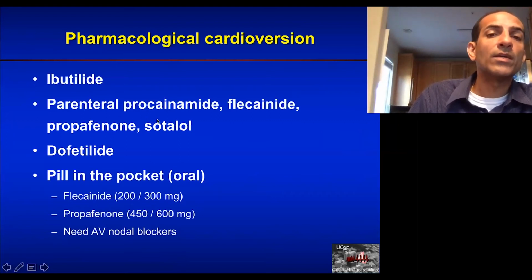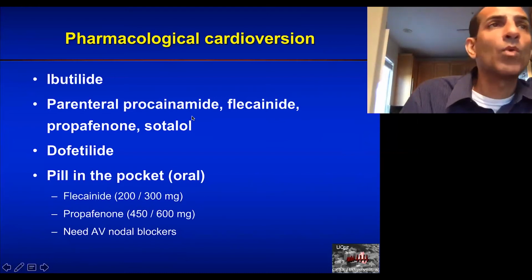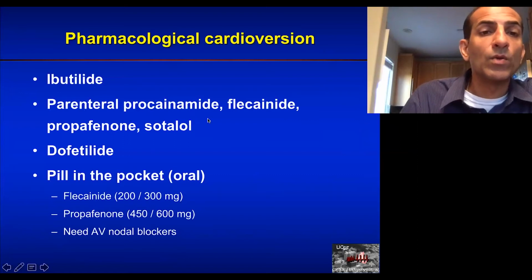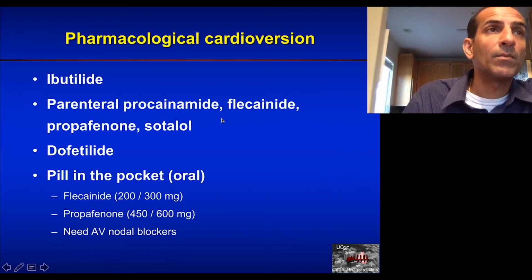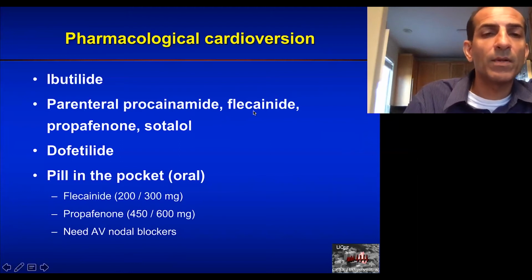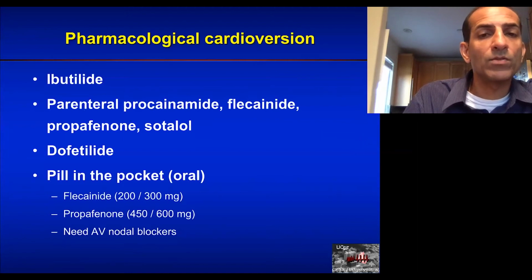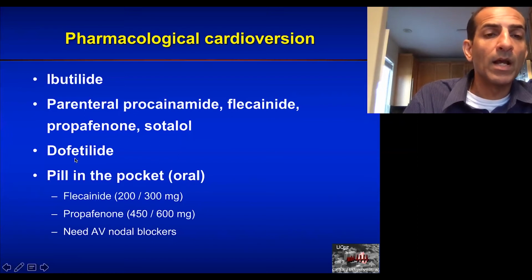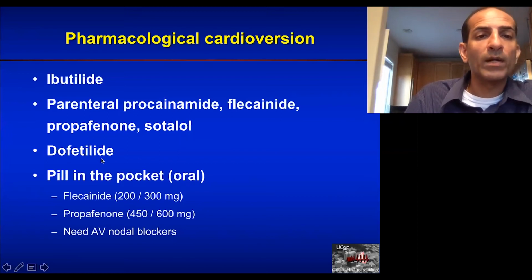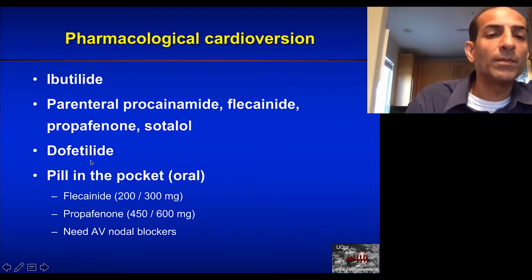You can use intravenous procainamide, which is a very old drug, which I'm sure is available in most parts of the world. You can use intravenous flecainide or propafenone, which we don't have available here in the US, but I think it's available in Europe for sure. I don't know if it's available in your institution. You can use sotalol, which is again a very old drug. You can use oral dofetilide, which is sort of the same class as ibutilide, but it's an oral drug.